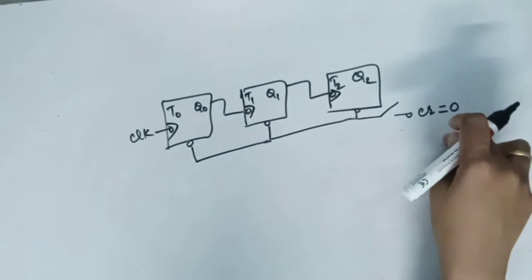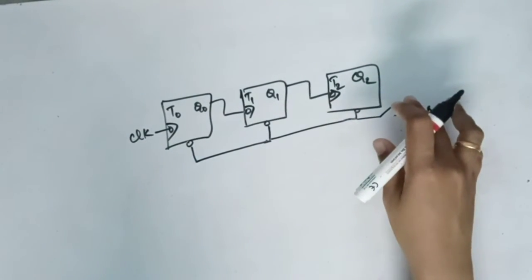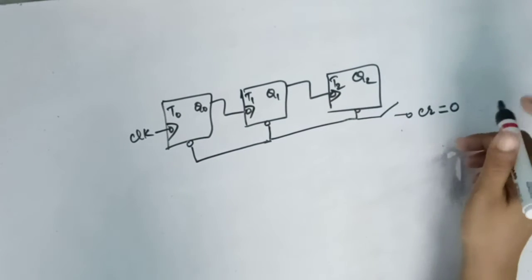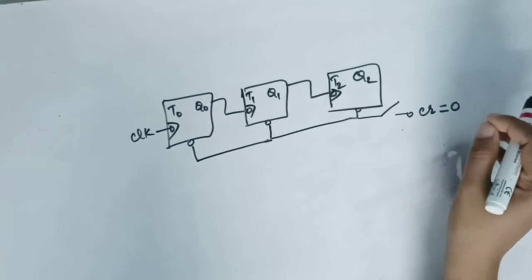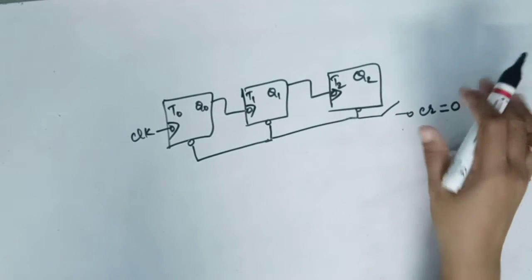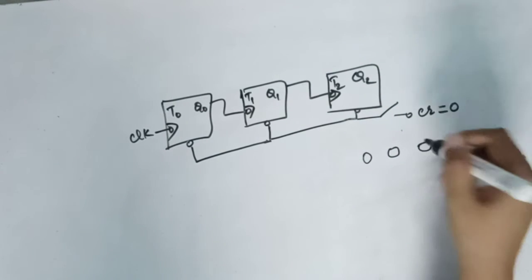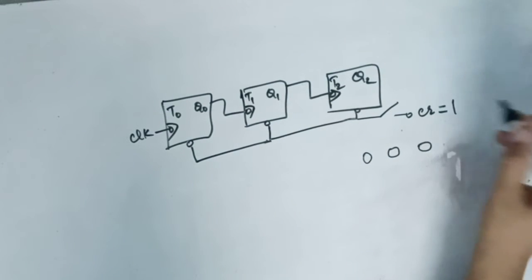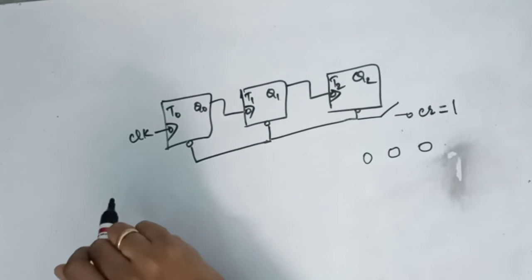Because if clear is 0 for the entire time, then the output will not change. It will be 0 0 0 only. So we need this only to set the initial condition. After getting Q2, Q1, Q0 as 0 0 0, make clear equal to 1 and give the clock.